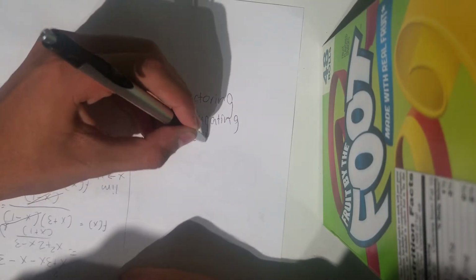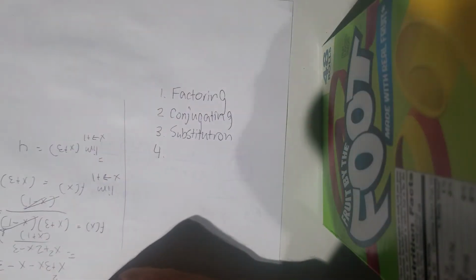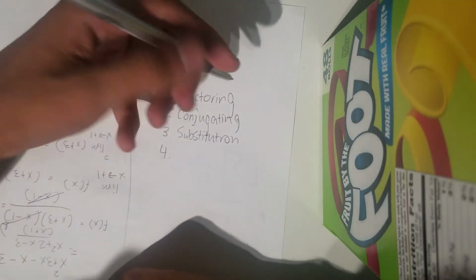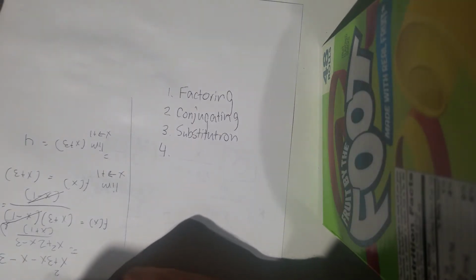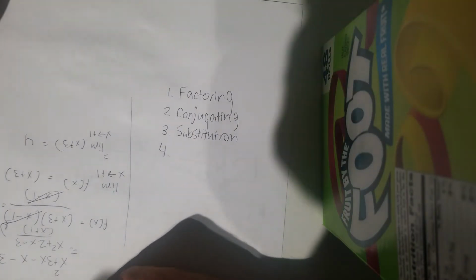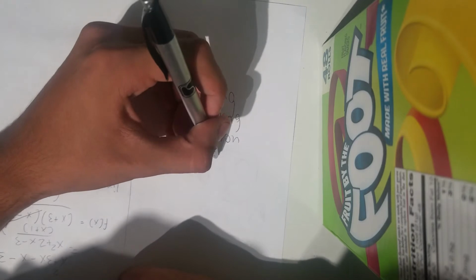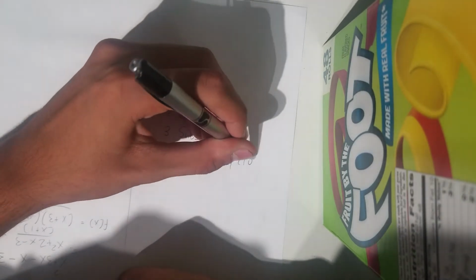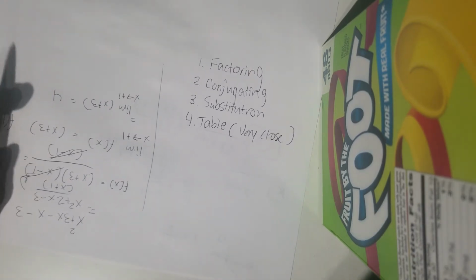So you can use a trig substitution, and then there's also just normal substitution if it's not undefined at that point. And you can use a table to find the values that are very, very close to those points.